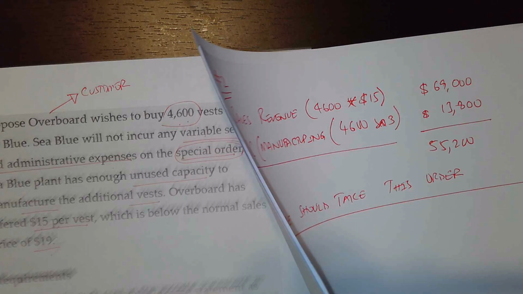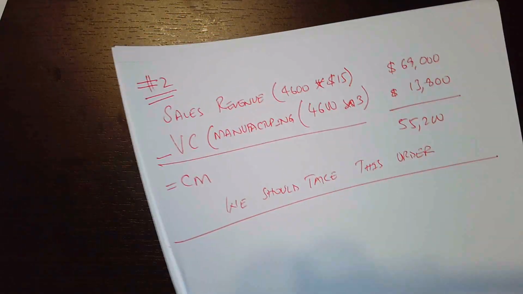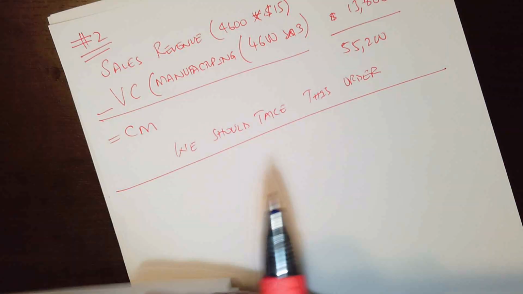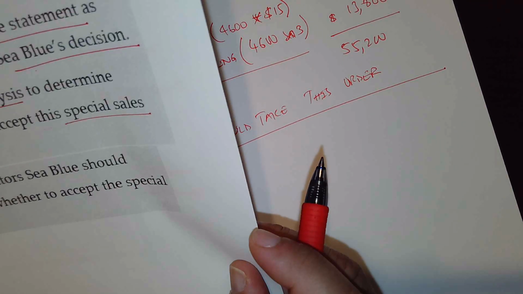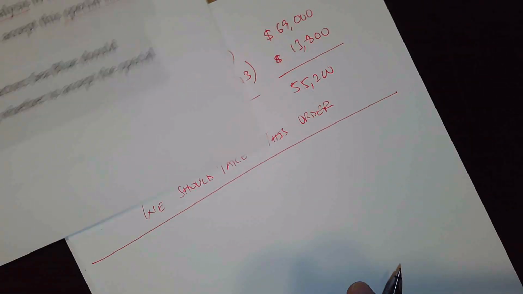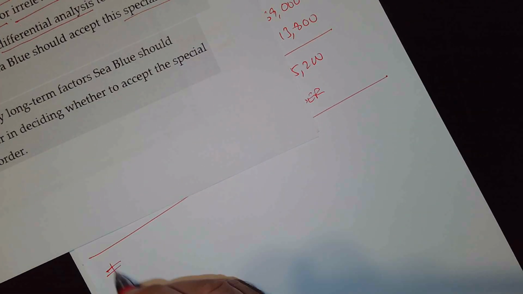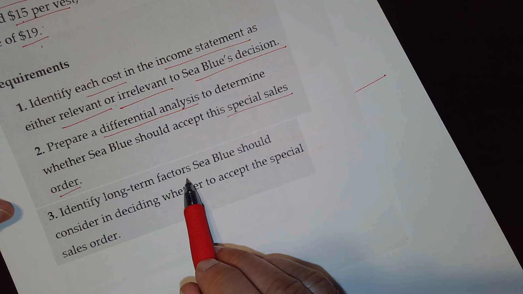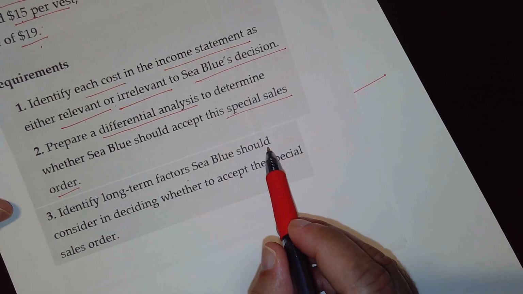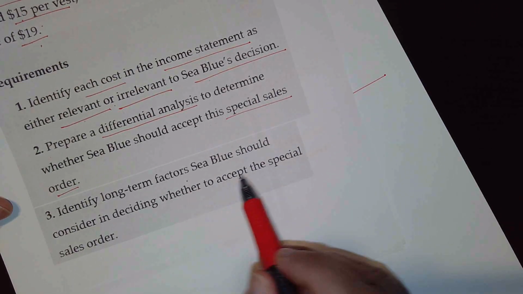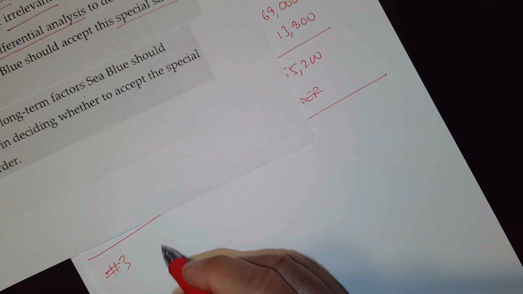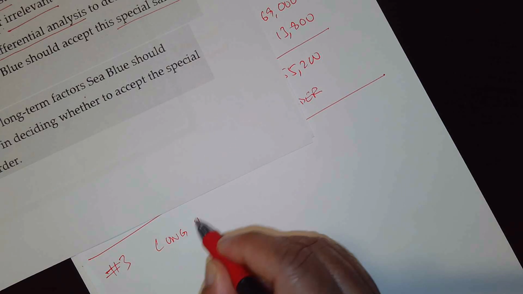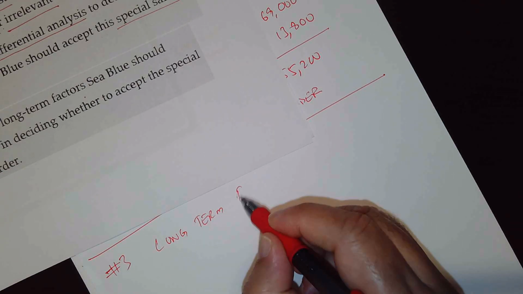Let's see what the third question is. The third one is asking, identify long-term factors Sea Blue should consider in deciding whether to accept the special order. So what are the long-term factors?